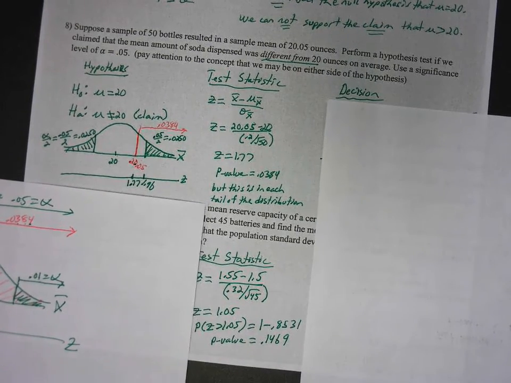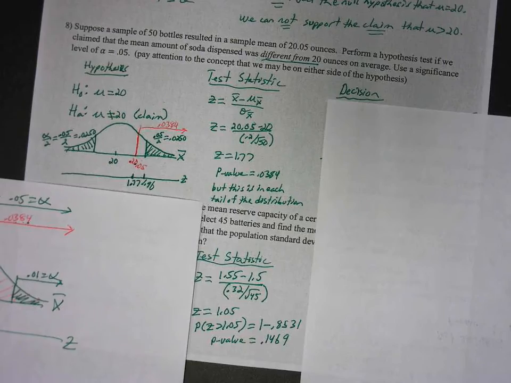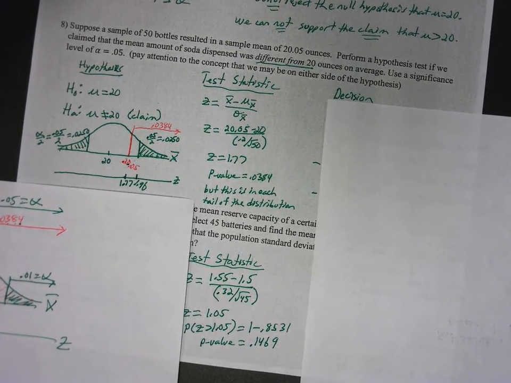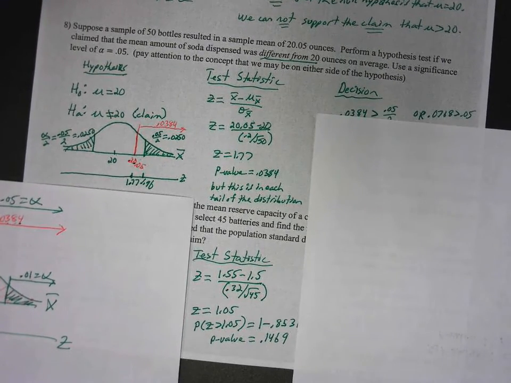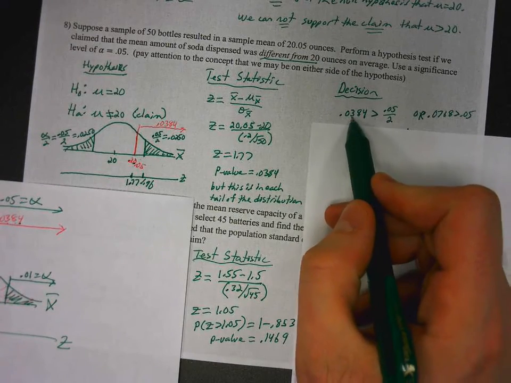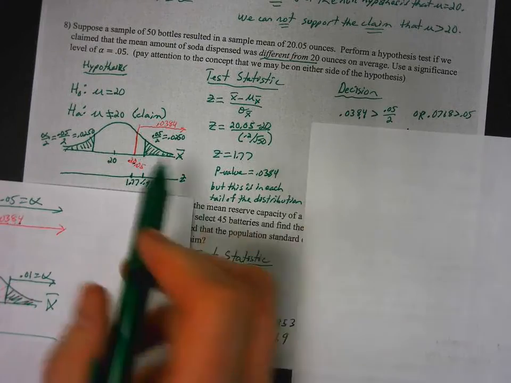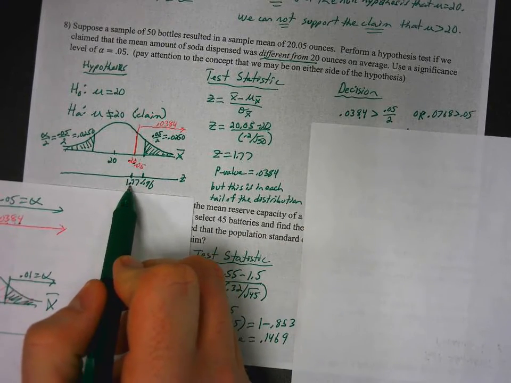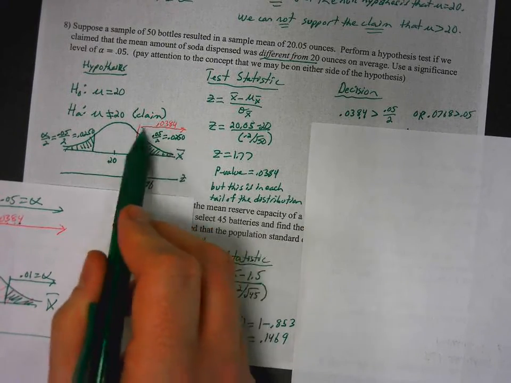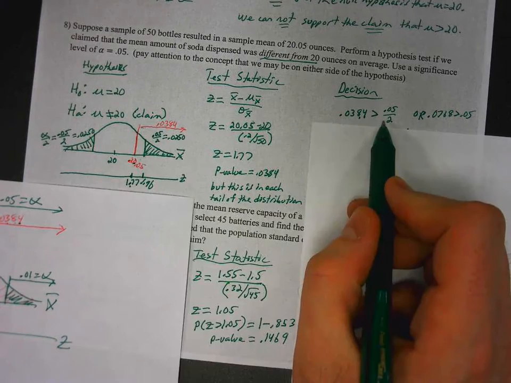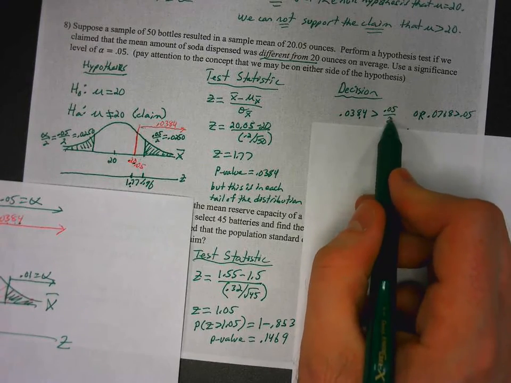Now, what's a little bit different here is that your book will explain it a little differently than I do. In the Moore book, when you look at your decision, I looked at it as comparing our 0.0384, which came from looking up the z-score of 1.77 and being more extreme than that, to alpha over 2.